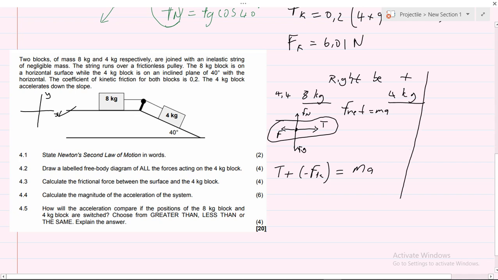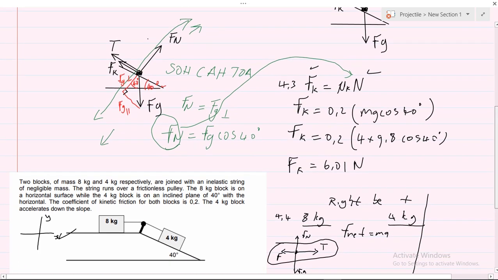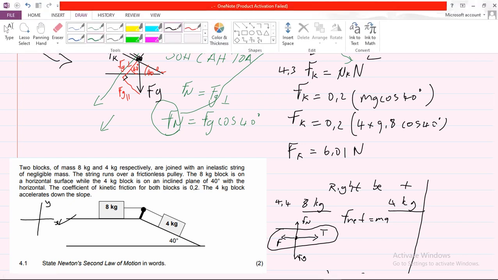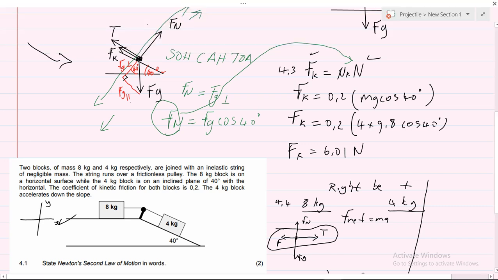Let's go to the 4 kg block. For the 4 kg block we have already drawn the free body diagram. Let's go back to this diagram. Looking at this diagram, we see that here too we have two dimensions. We have Fn and Fg perpendicular, we have Fg parallel, and then T, and then Fk. So we are only going to consider these three forces: Fg parallel, Fk, and the tension.